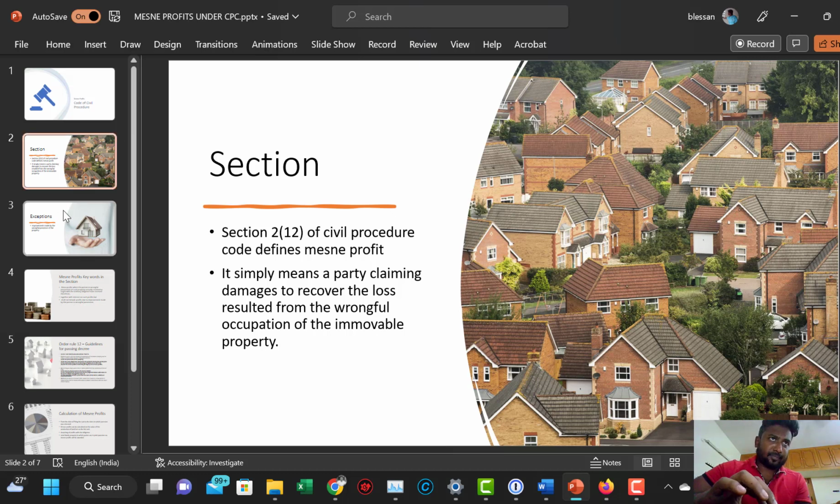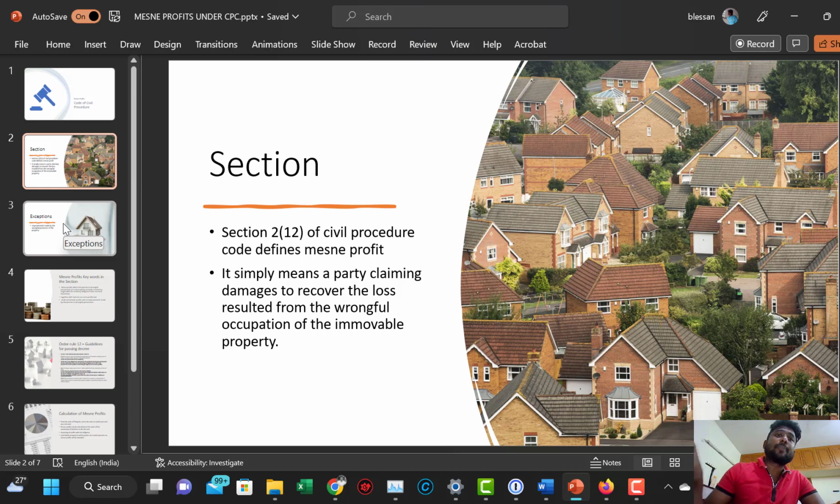So the first thing is, not rent, any profits that have accrued to a person who is in wrongful possession of a property, during ordinary due diligence. That's very important. Ordinary due diligence is very important.